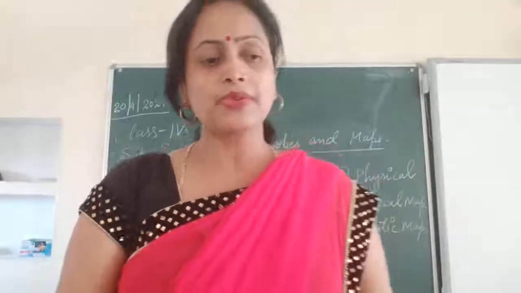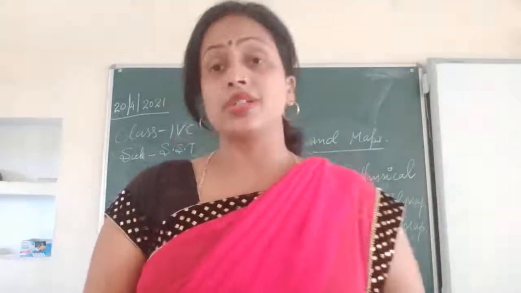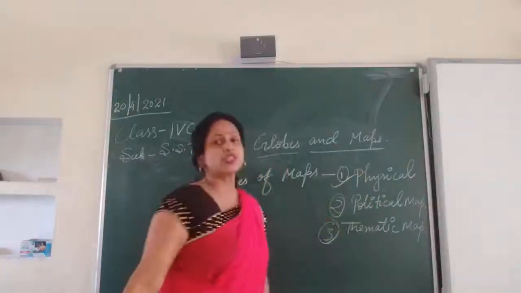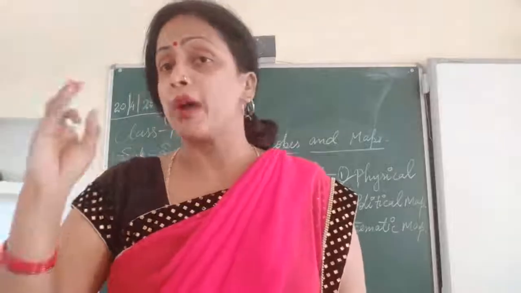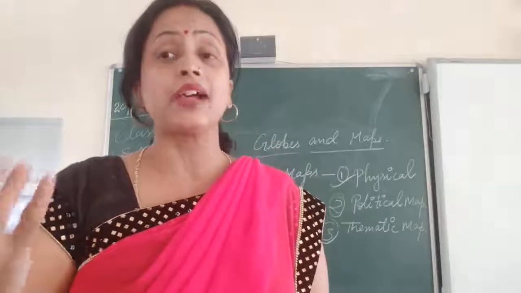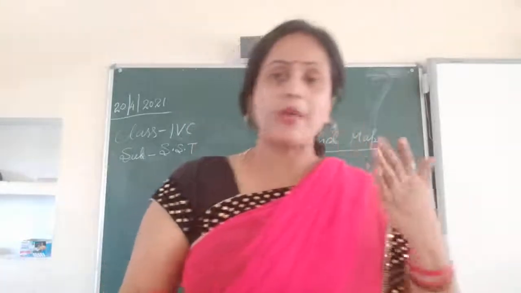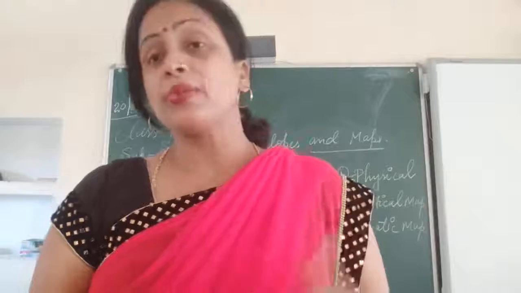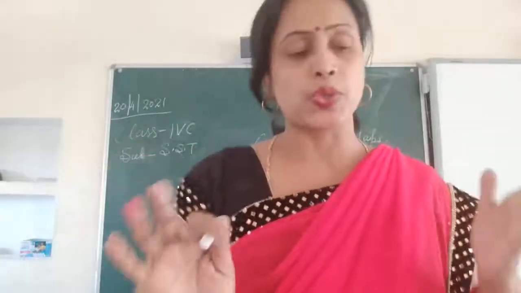The physical map shows the natural features of the earth such as mountains. What do you mean by the physical map? It tells us about the natural features of the earth: plains, plateaus, mountains, rivers, lakes, oceans.